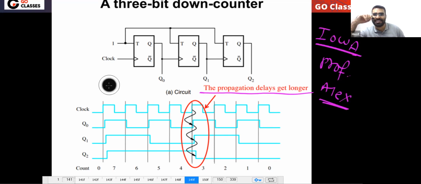Actually, let me tell you what happened. Professor Alex removed these slides. In 2018, 2019, I used to study digital logic from these slides, when I was in ISC. After that, the slides were removed, and I sent a mail.